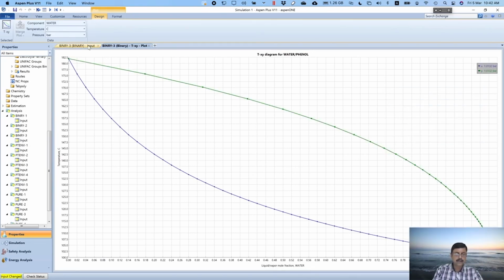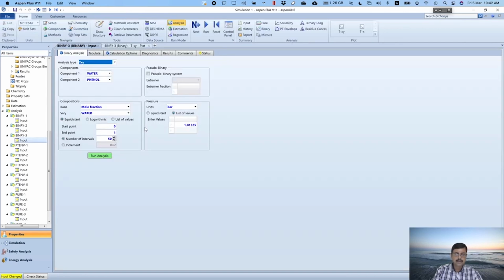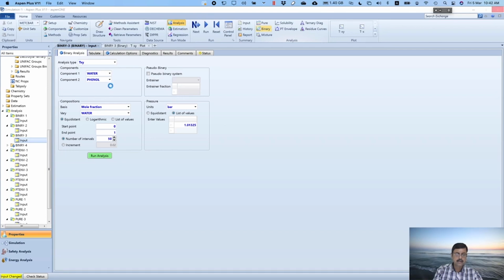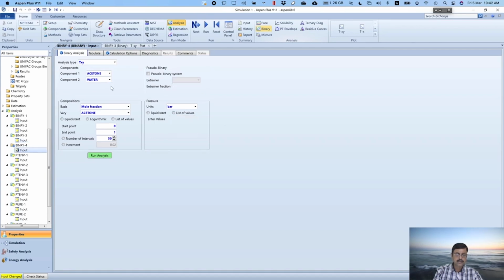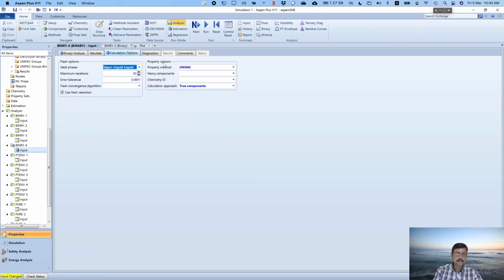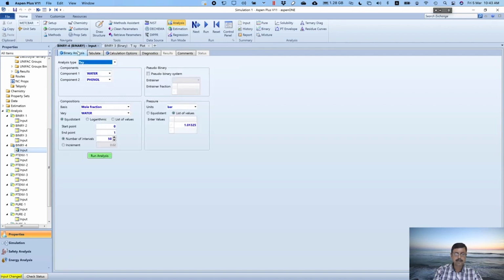It has overwritten, so we do not have the previous one. Let us bring in the second one. So choose phenol, choose water, and calculation option UNIFAC. Run analysis.